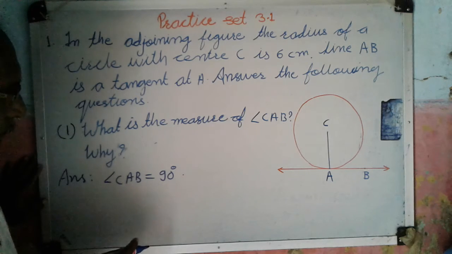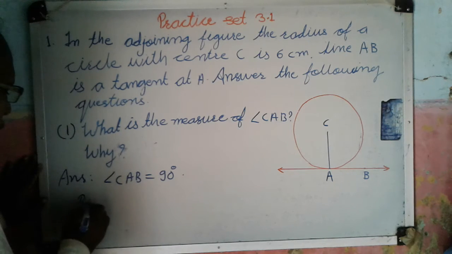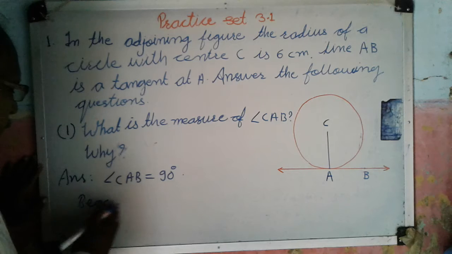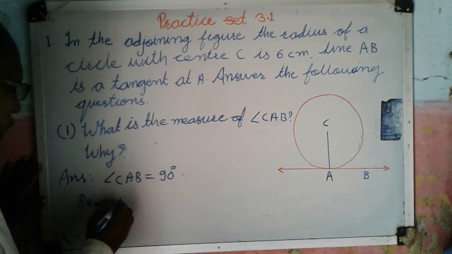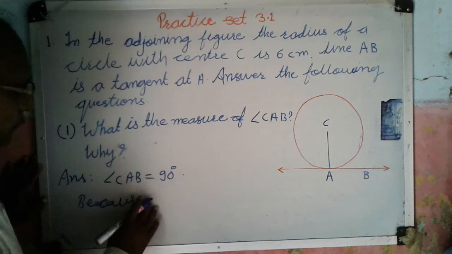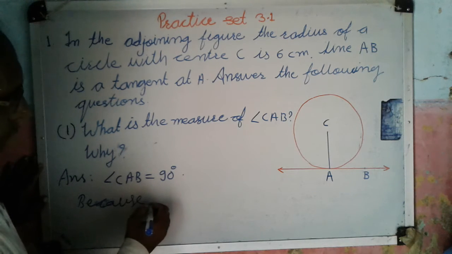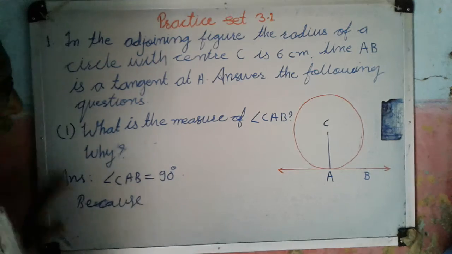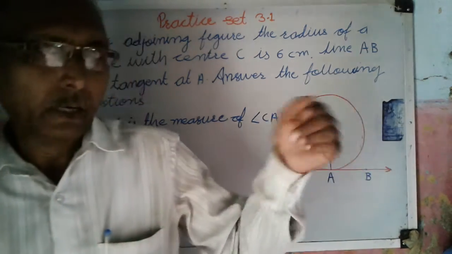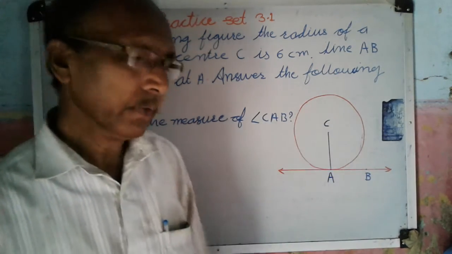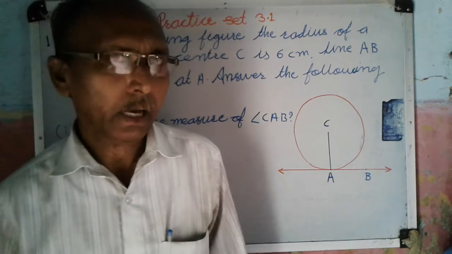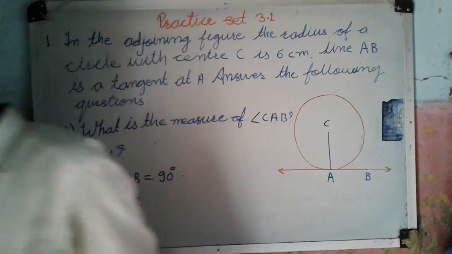Because tangent to the circle is perpendicular to radius at the point of contact. That is the reason.